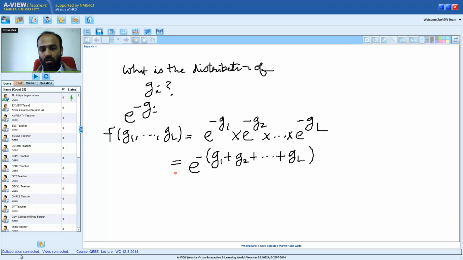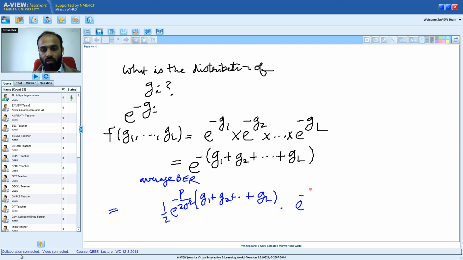Therefore the average bit error rate is basically my instantaneous bit error rate, half e to the power of minus P by 2 sigma square into (g1 plus g2 plus gL), times e to the power of minus (g1 plus g2 plus gL), and now I have to integrate.